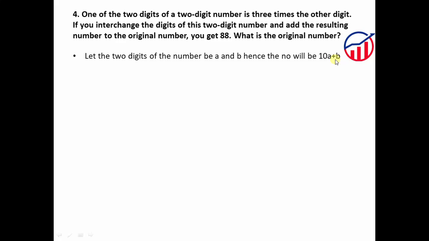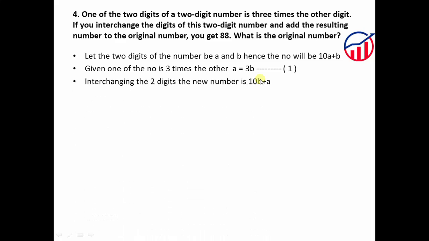Similarly, what we did for the previous example. Now what are the given pieces of information? Given that one of the digits is 3 times the other. So if one of the digits is b, the other is 3 times b. Then interchanging the two digits, the new number is 10b plus a. So if you interchange this, you're going to get 10b plus a.